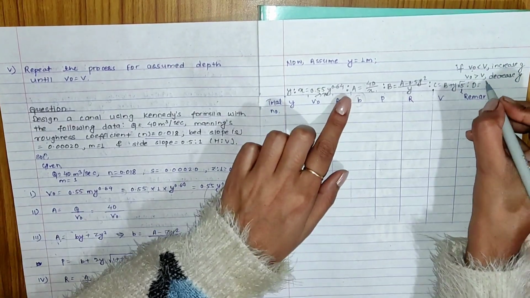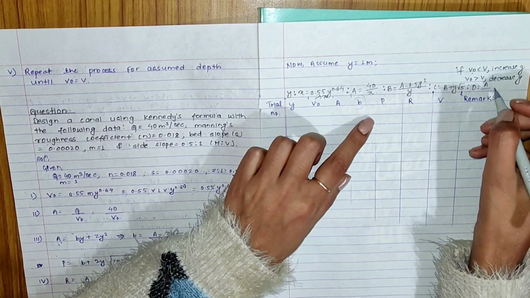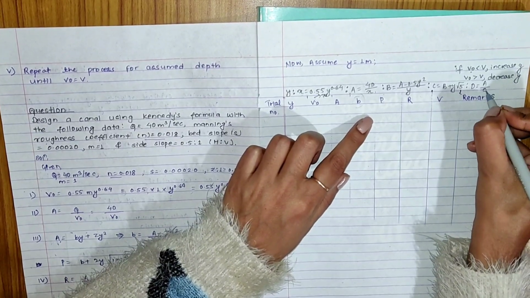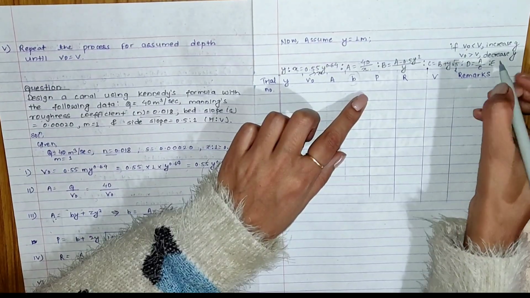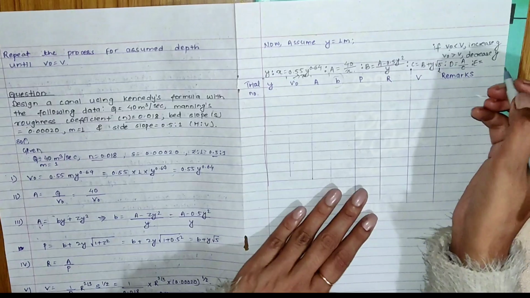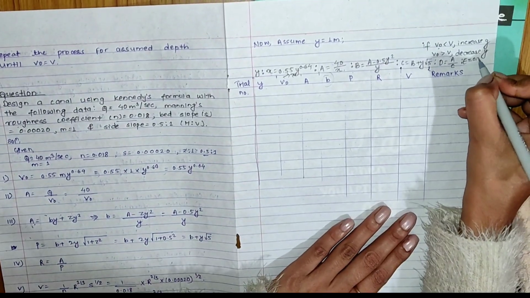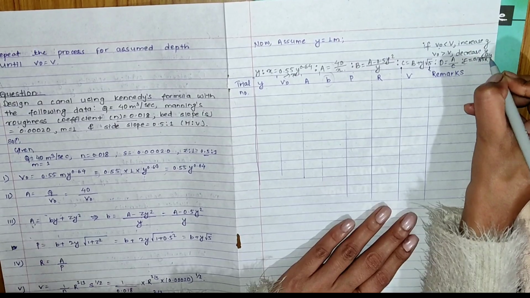Then we will assume r as d, which will be equal to a by p, that is a by c as we have assumed. Then the mean velocity will be assumed as e, which will be equal to 0.785 times r to the power 2 by 3.